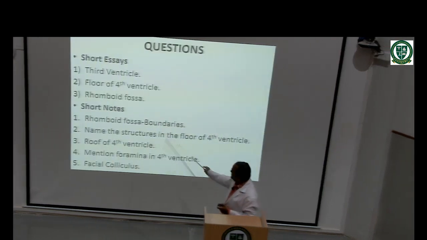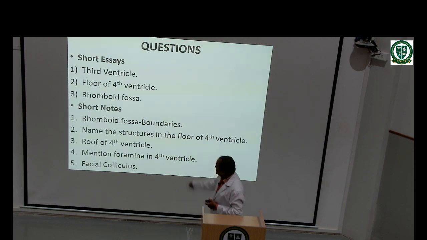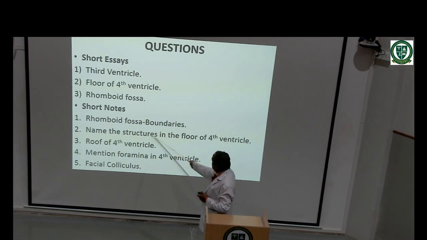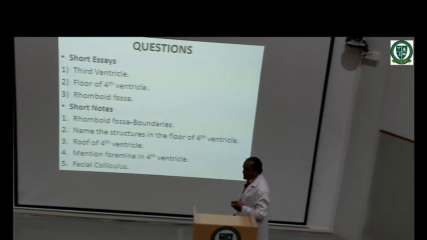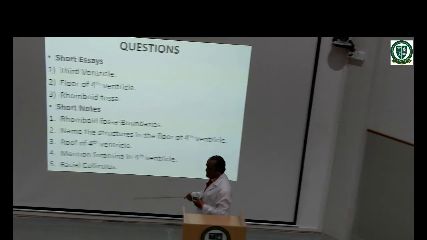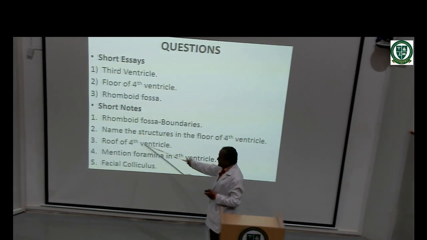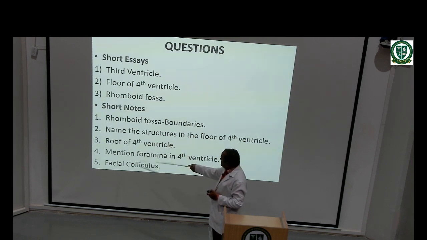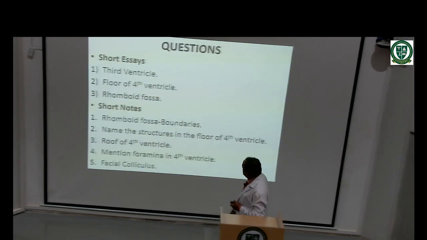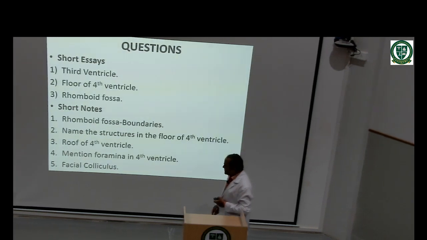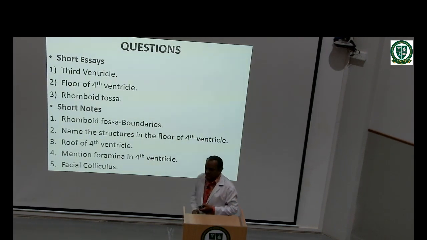You have to mention only the boundaries of the rhomboid fossa, that is 3 marks. The second question is name the structures in the floor of the fourth ventricle, which we already studied, and roof of the fourth ventricle. The next question is mention foramina in the fourth ventricle, and the fifth one is facial colliculus. These are the questions you will get from this topic.